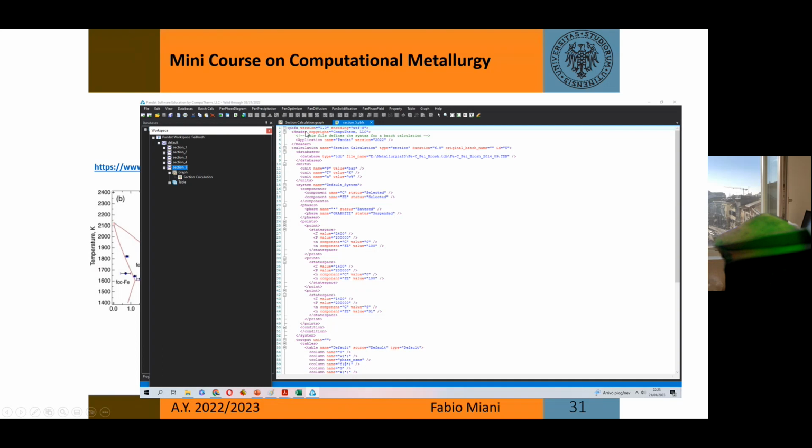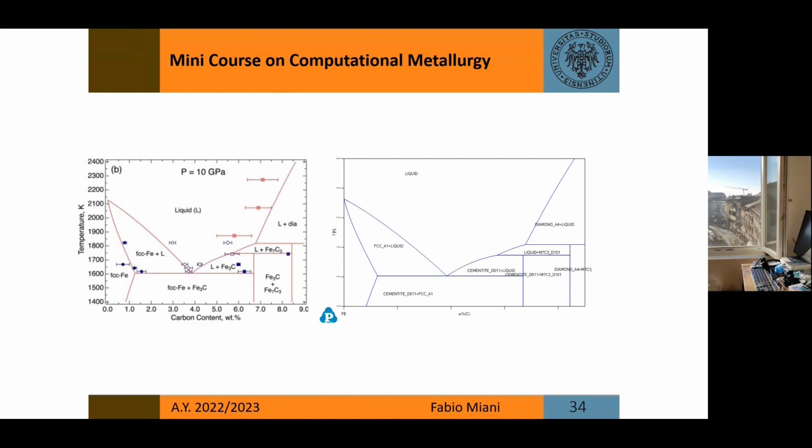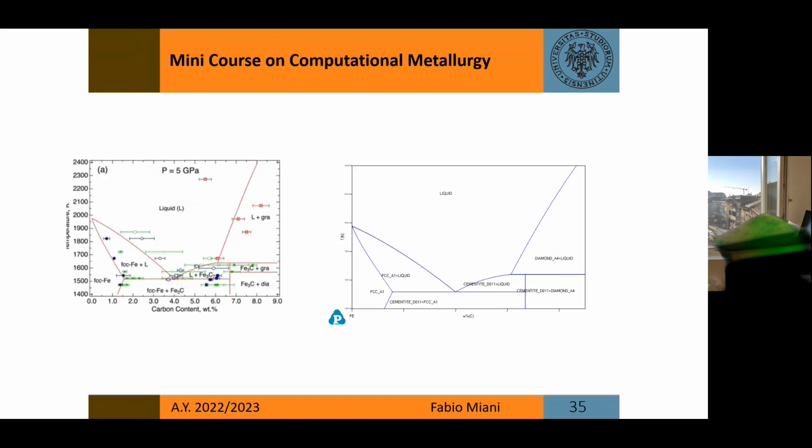So this is the standard batch file for Pandat. It starts with those headers, and it is typically something in XML format as well, with some indication. You can see more clearly, and even more clearly you will see in the PowerPoint file. 10 gigapascals seems pretty reasonable. 5 gigapascals, yeah.